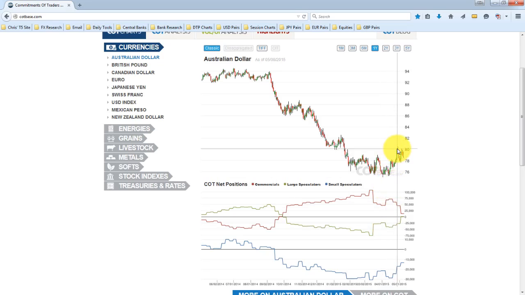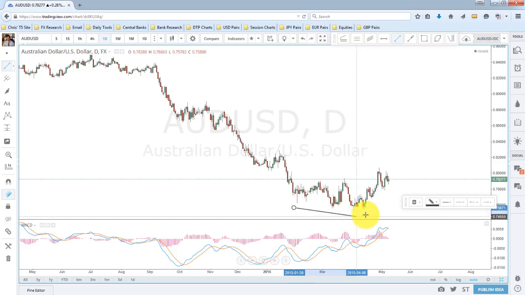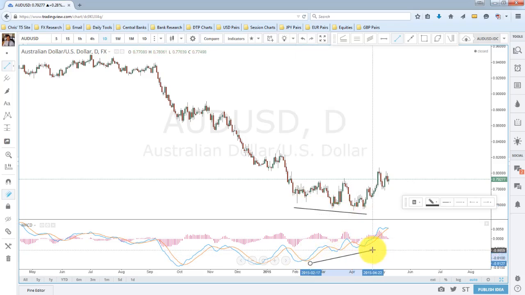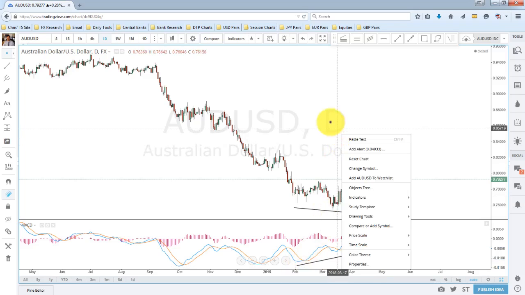Now, let's go ahead and have a look at the Australian dollar, US dollar pair. Same chart we see here, but I want to show it on my chart with the MACD and show you what was happening at that time. Here we have the Aussie dollar daily chart. And you can see here, this is the same chart we were just looking at on the COT data chart. And look how we have price moving lower, MACD cycling higher here. So we have a bullish divergence with the MACD.